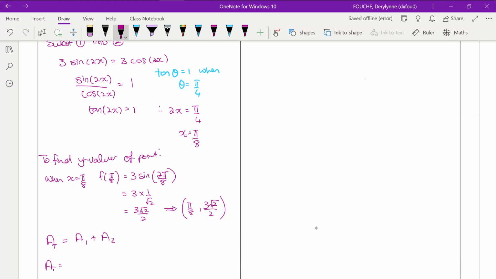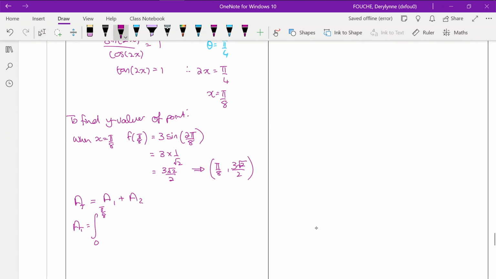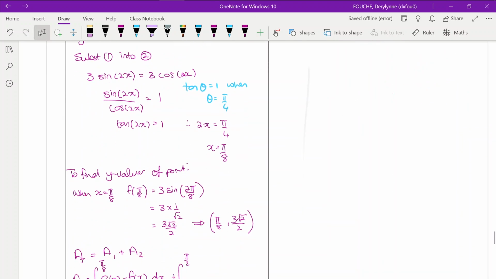My total area will be my integral from 0 to pi on 8. And now I need to decide top function minus bottom function. So g of x minus f of x. And then I'm going from pi on 8 to pi on 2. And let's have a look. We've got f of x minus g of x.